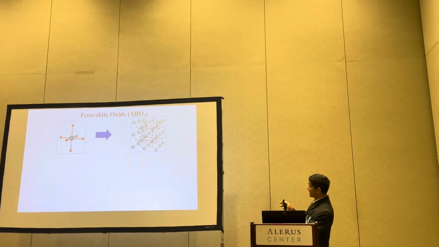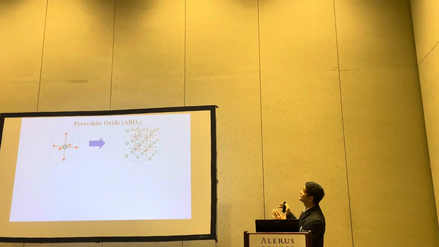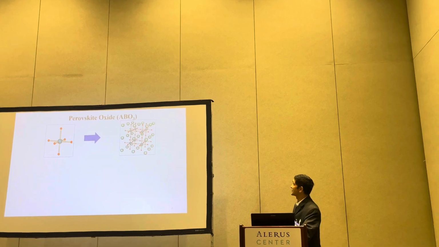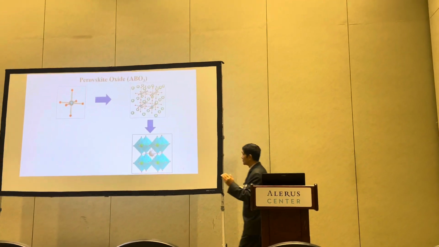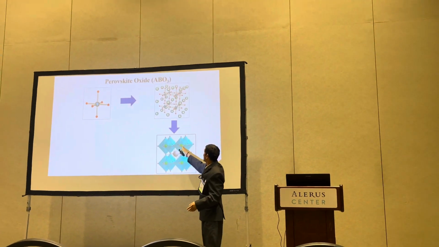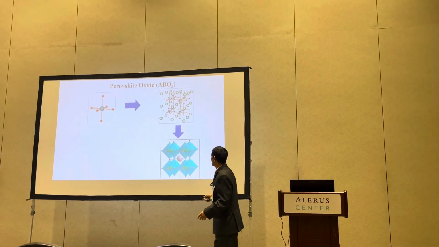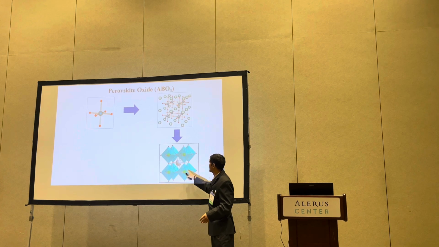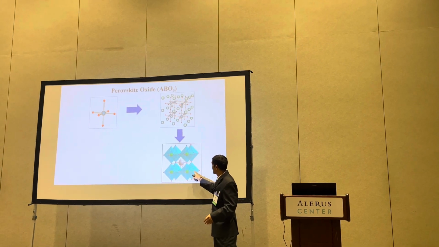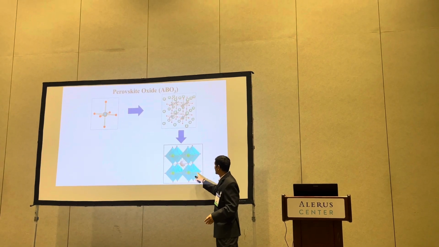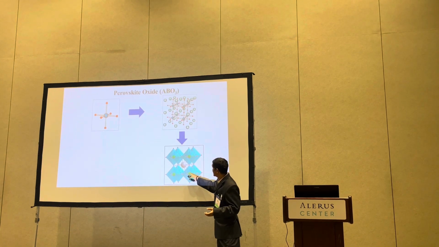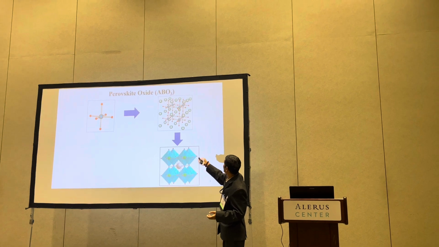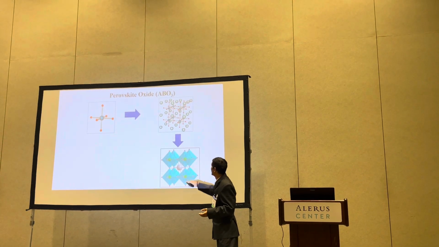To make it easier to understand, we imagine planes drawn connecting the oxygen atoms. Then we can see an octahedral geometry. The corners of the octahedron are occupied by oxygen, and this blue ball is inside this octahedron.